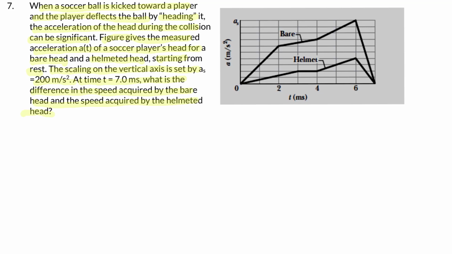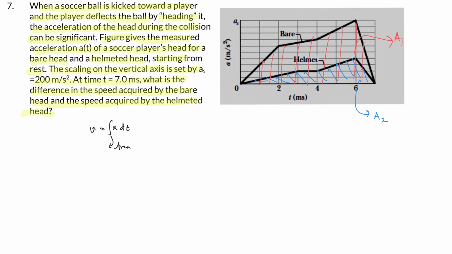So we have to find speed, and an acceleration versus time graph is given. As you know, v is equal to integral a dt, so we need to find the area. To find the speed of the bare head, we will find out this area. You can divide this into smaller areas. So this is area 1. As far as the helmeted head is concerned, this area is the velocity for the helmeted head, that is A2.